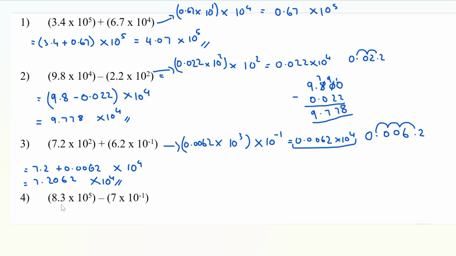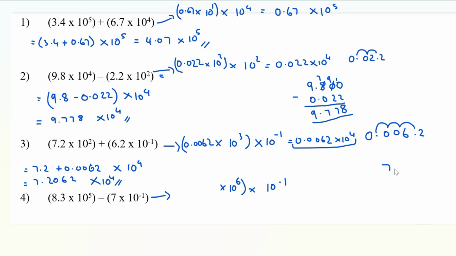For the last one, we are subtracting, so let's go ahead and rewrite one of these brackets. Now to go from -1 to +5, we need to add 6. So we need to move 6 decimal places to the left. So 10 to the power of minus 1, we need to multiply by 10 to the power of 6.